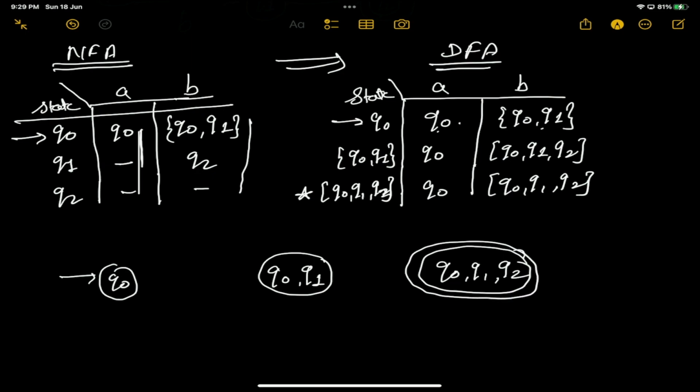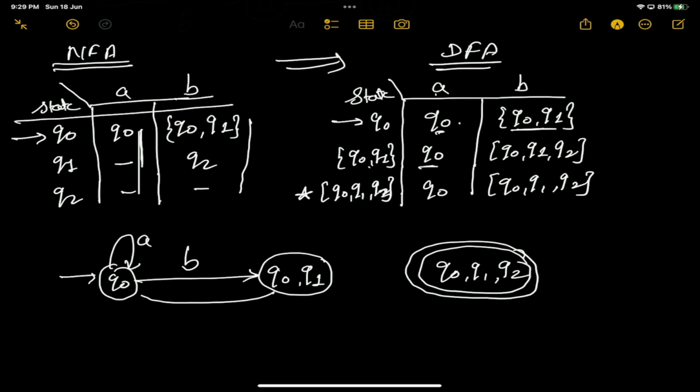Q0, Q1 and Q2 is your final state. Q0 with input A, it goes to Q0. Q0 with input B, it goes to Q0 and Q1. Now Q0 and Q1 with input A, it goes to Q0.